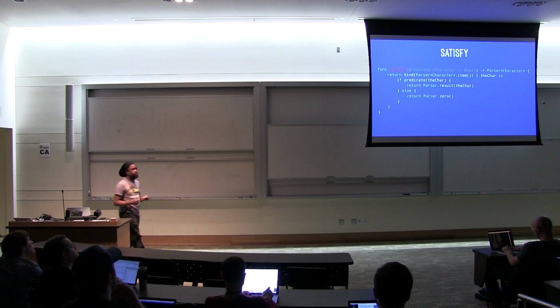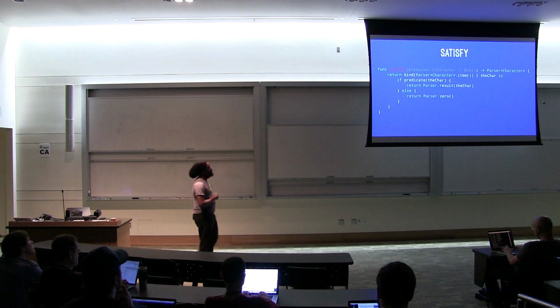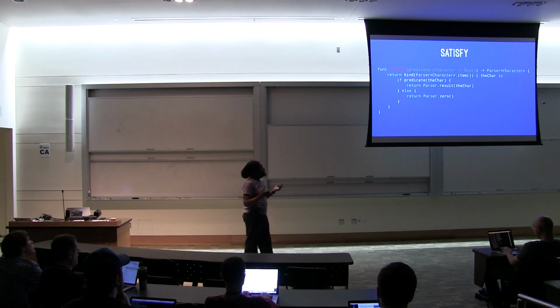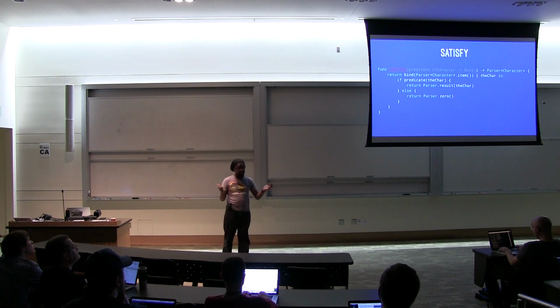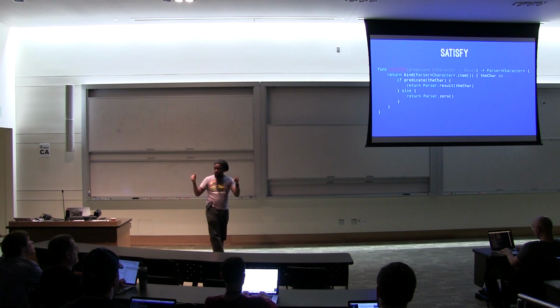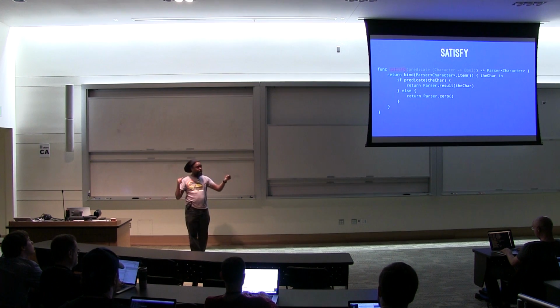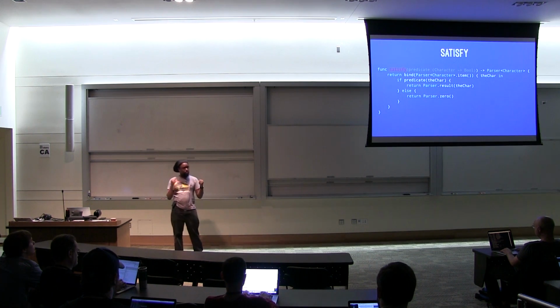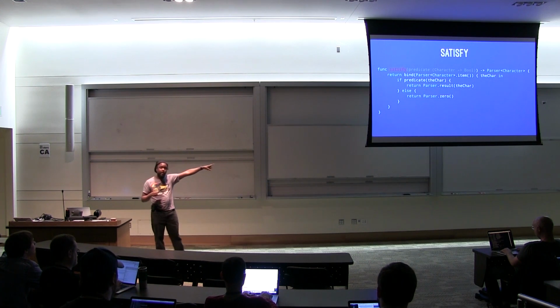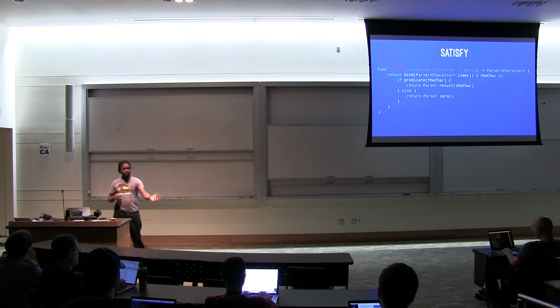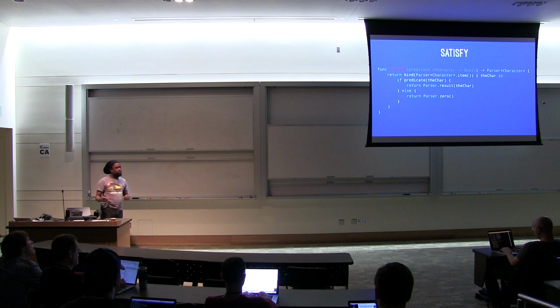To do that, we need satisfy, right? And this is just a little function. Given some function that checks one of those characters, which we can pull apart using item, right? Item pulls apart our string character by character. If we can examine individual characters and say, is this what we want? Is this not what we want?